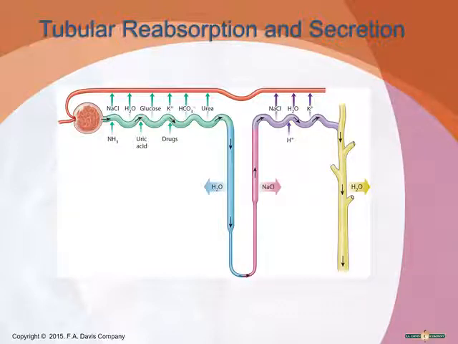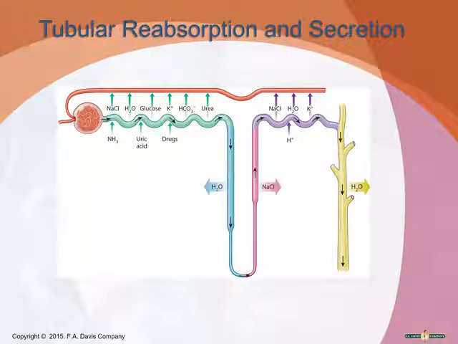The ascending limb has a thicker wall that prevents water from following the sodium out of the tubules. So this is the one time when water does not follow sodium.